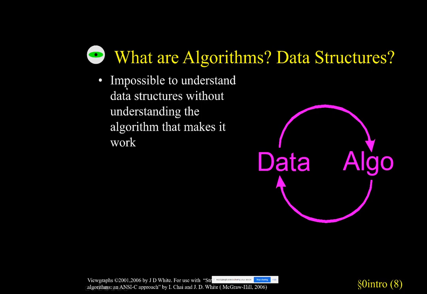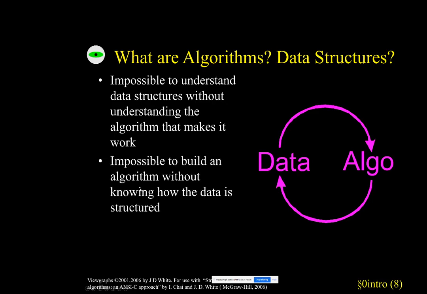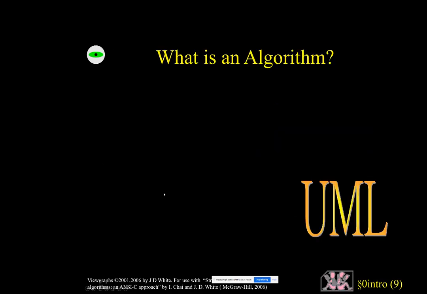It has been said it's impossible to understand data structures without understanding the algorithms that make them work. It has also been said it's impossible to build an algorithm without knowing how the data is structured. So these are two conundrums.